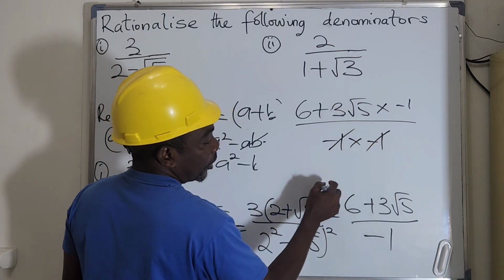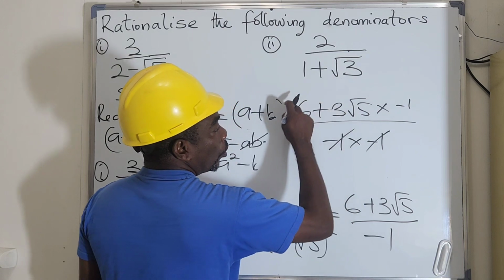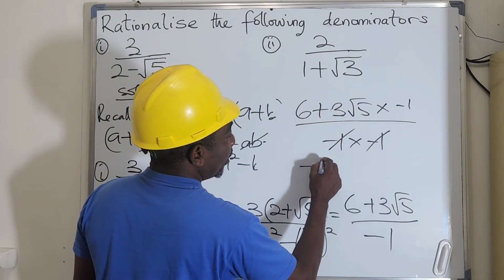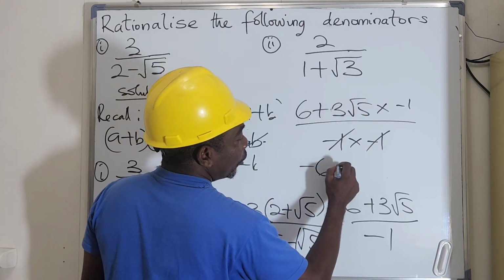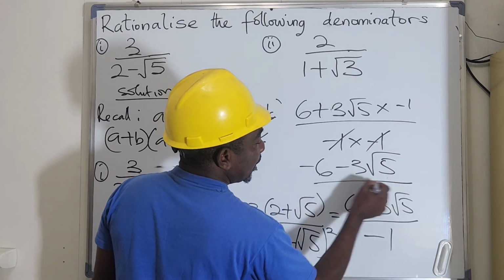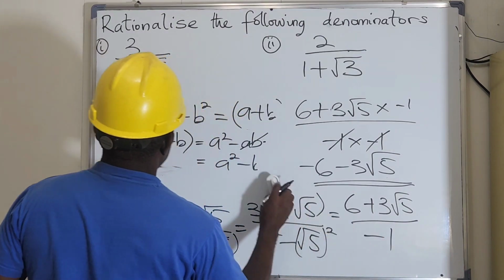Minus 1 times minus 1 is 1. So we expand this: minus 1 times 6 will give us minus 6. Then minus 1 times plus 3 root 5 is going to give us minus 3 root 5. So this is the answer to this question. So we have that, so we can clean this.